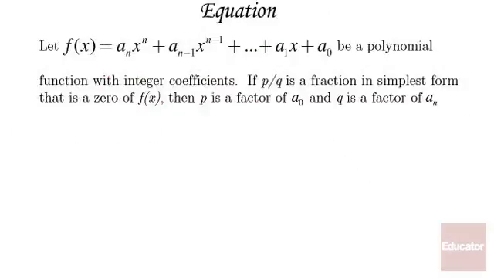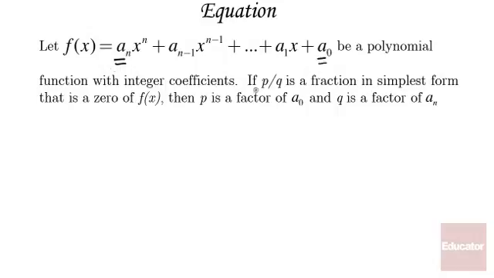What this theorem tells you is the possible rational zeros of a polynomial. Again, it just helps you generate a list of possibilities. So if f of x is some polynomial function with integer coefficients, then you can generate a list of possible rational zeros by looking at two things: the leading coefficient and the constant.